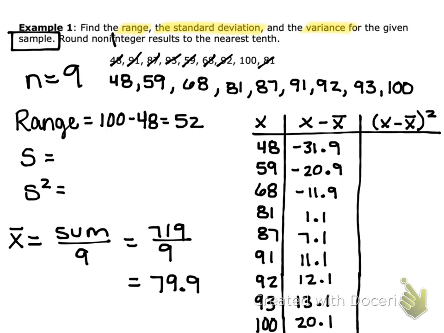After we do that, we are going to take those numbers we just found and we're going to square each of them, meaning multiply them by themselves. So when we square negative 31.9, we get 1,017.6. The next one is 436.8.